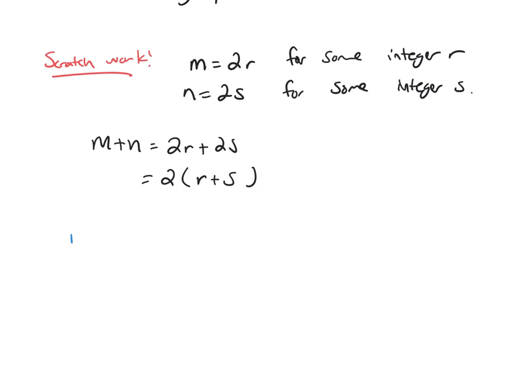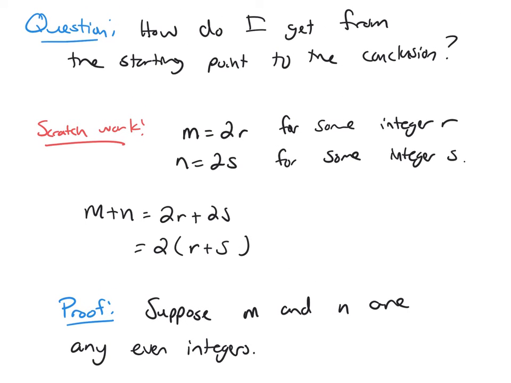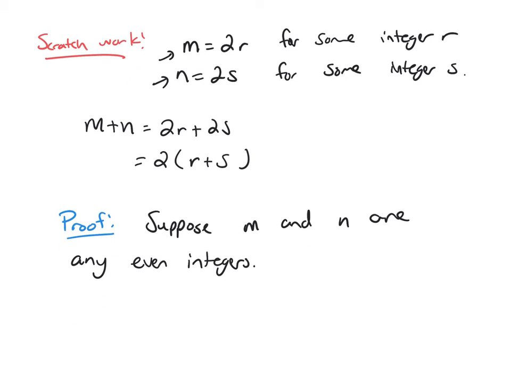So that's what we're going to do right here. Proof. And let's write it up. So we're going to start at our starting point. Suppose m and n are any even integers. And then what did we use here? Up here, we used the definition of even.